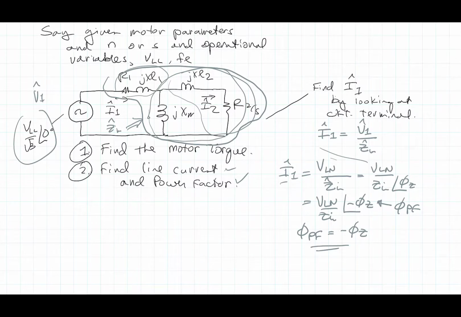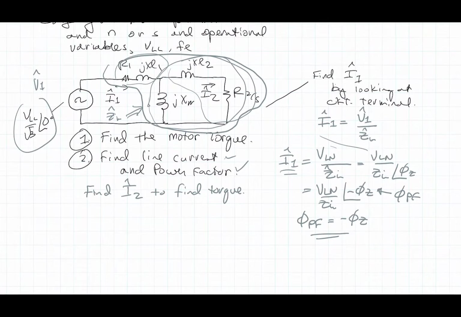Once you know this current, you need to find I2 to find the torque. To do that, you can do a current division, a current divider.